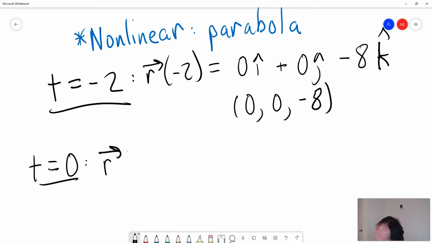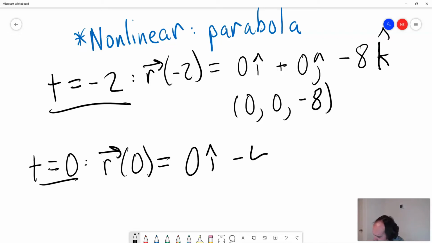So for that one, we get r of 0 is equal to 0i minus 4j plus 0k.